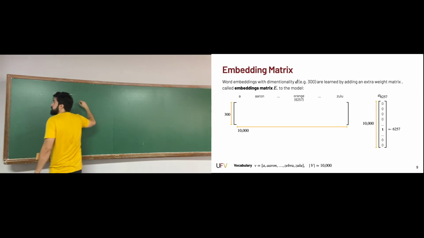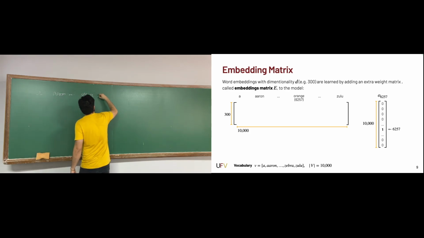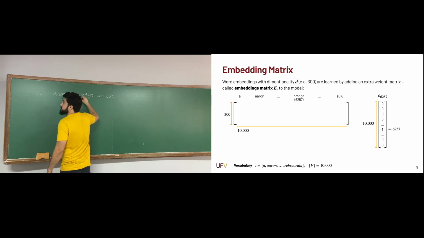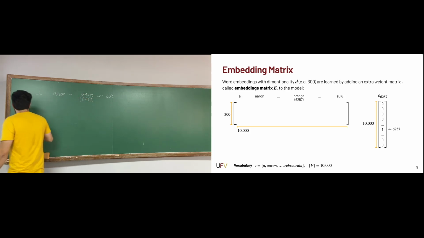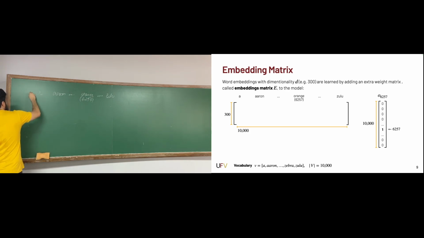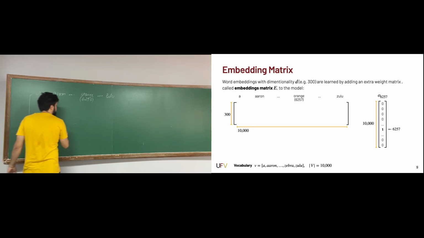A, arrow, dot dot dot, orange, Zulu. Okay, and the word orange is 6,257. So, you're going to have a matrix like this.